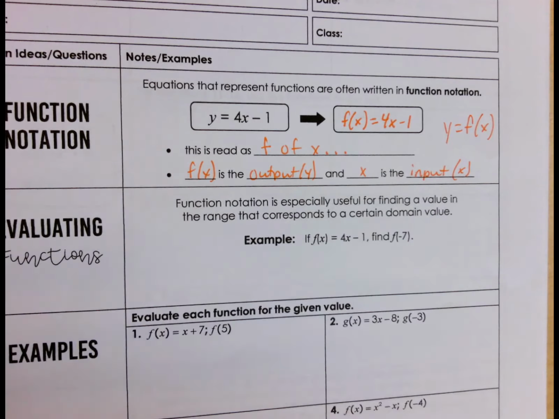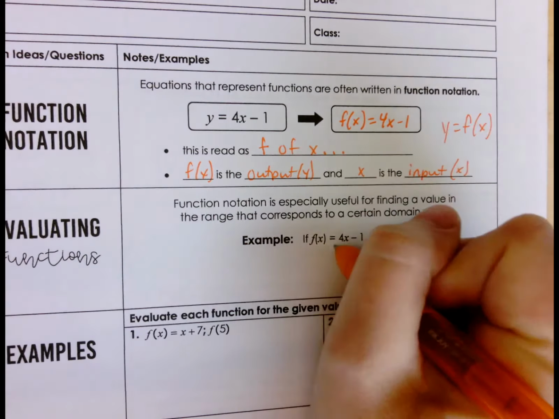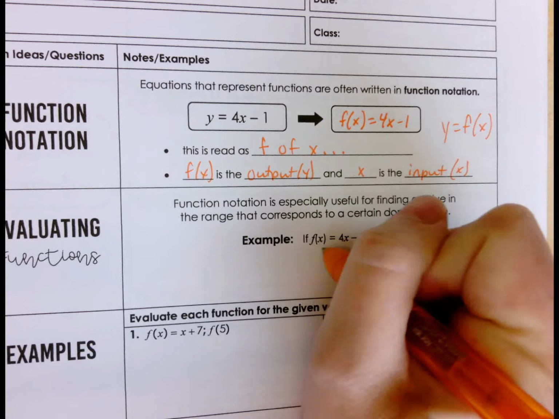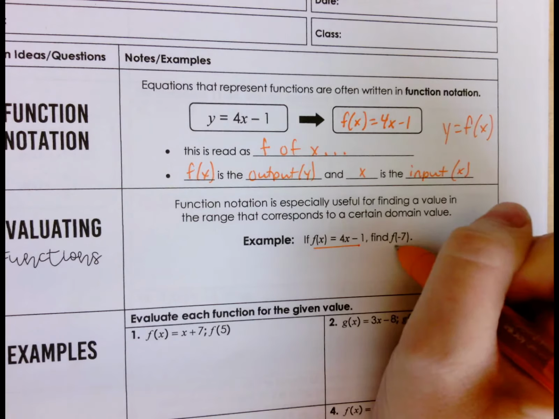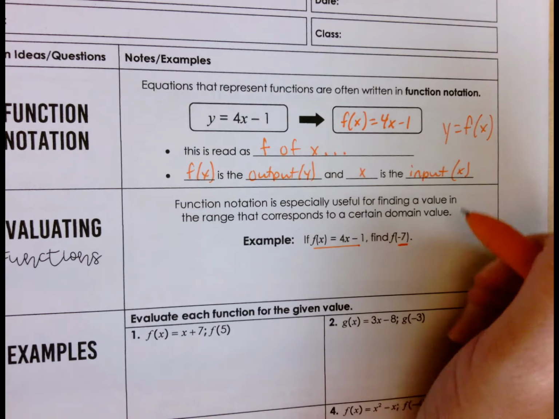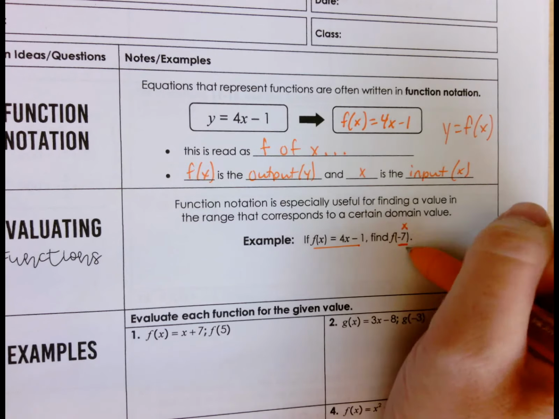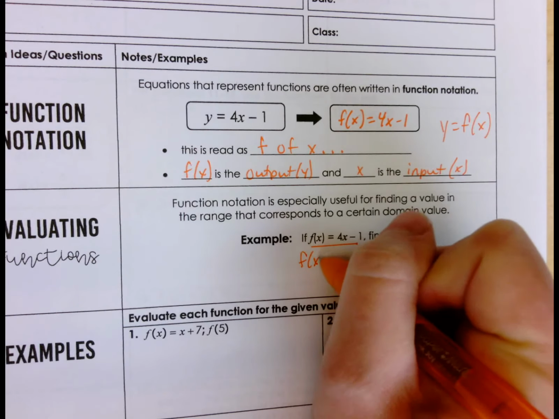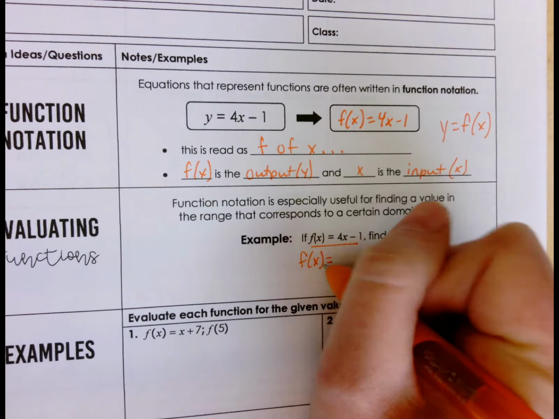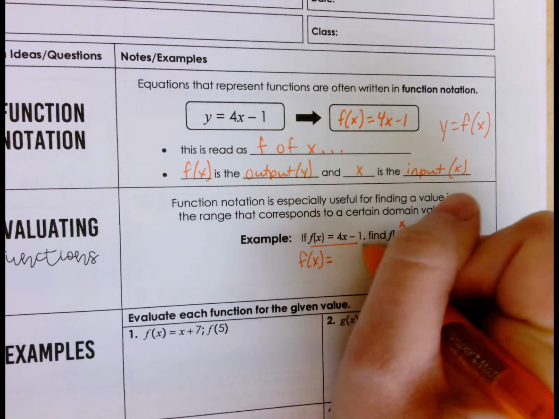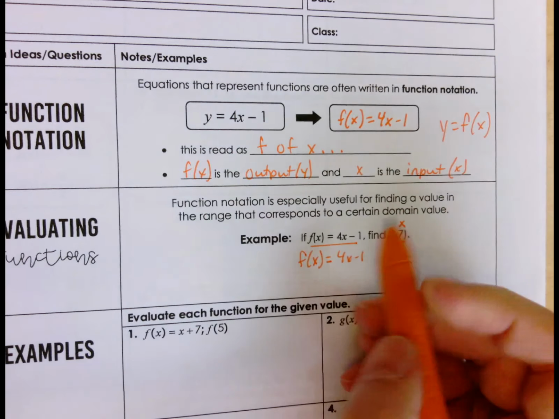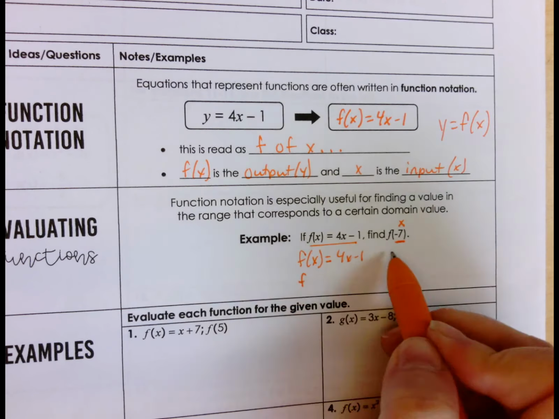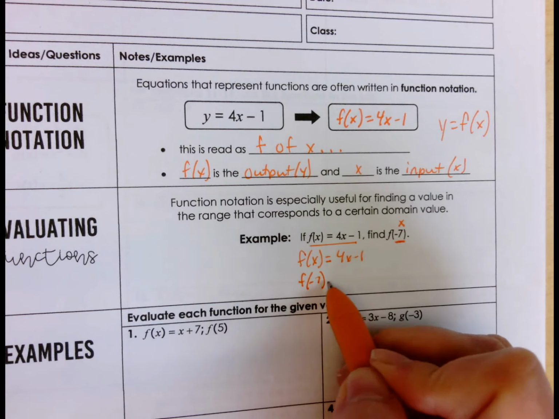So when we go to evaluate a function, here's the first thing that we're going to come across. If we know that this is the rule, 4x minus 1, and negative 7 is the x, the input, then we're going to plug it in just like we've been doing. So f of x is equal to 4x minus 1, and it's going to be f of negative 7.